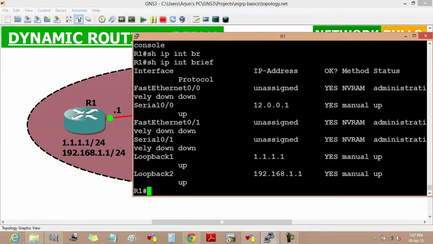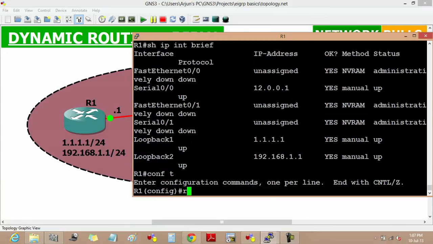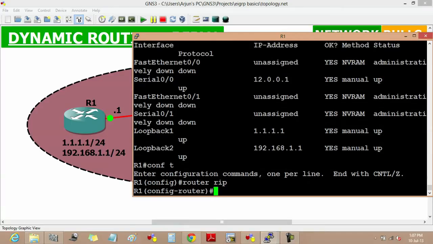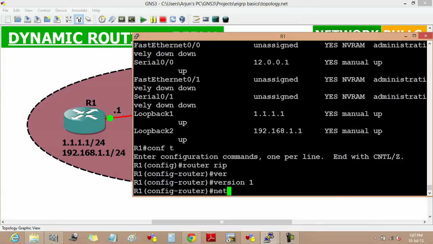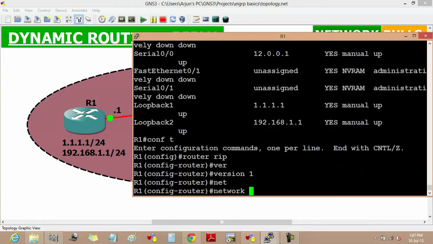Starting with router 1, moving to the configuration mode, then enable RIP in this router by using the router rip command, then its version, then advertise the network. As you can see in this topology, there are three networks.